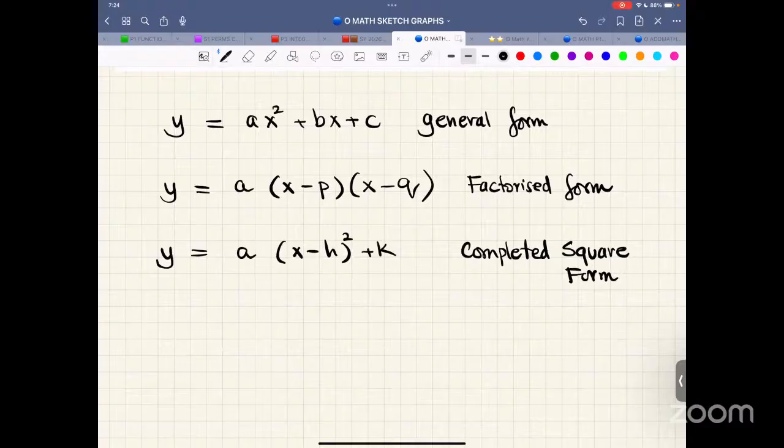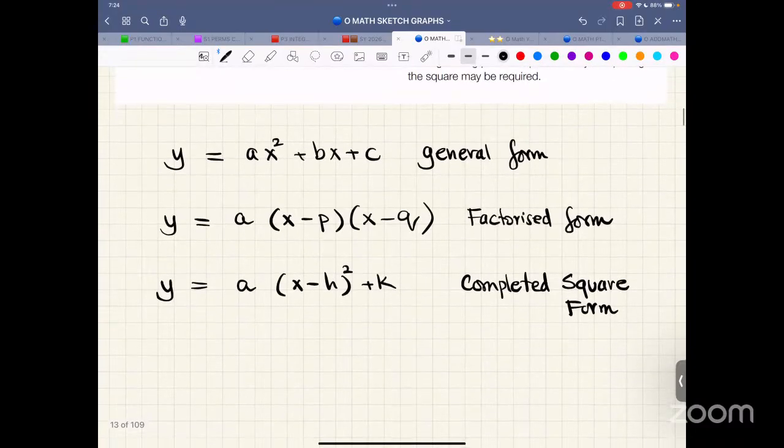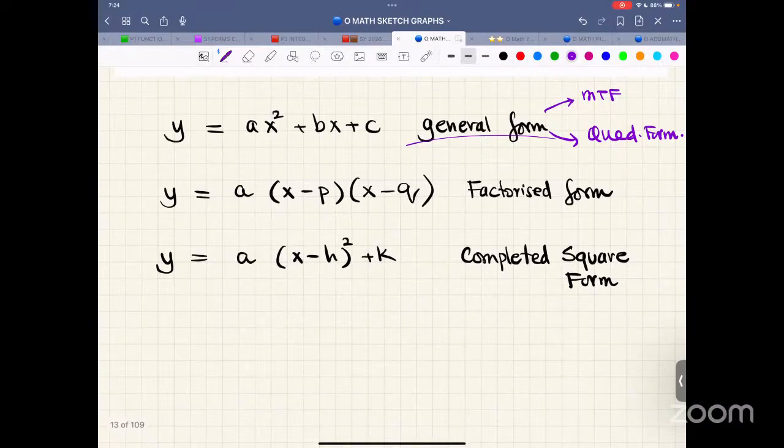We need all 3 of them. Each has its own benefits. This is written for middle term factorization. This is used for the quadratic formula. So that is the original one. Factorized form, this can be used for sketching.